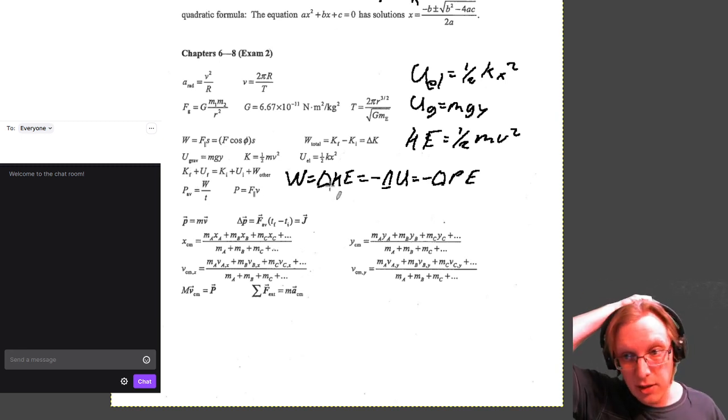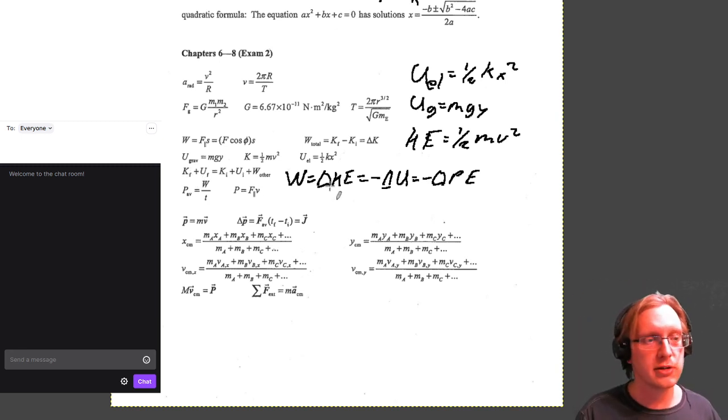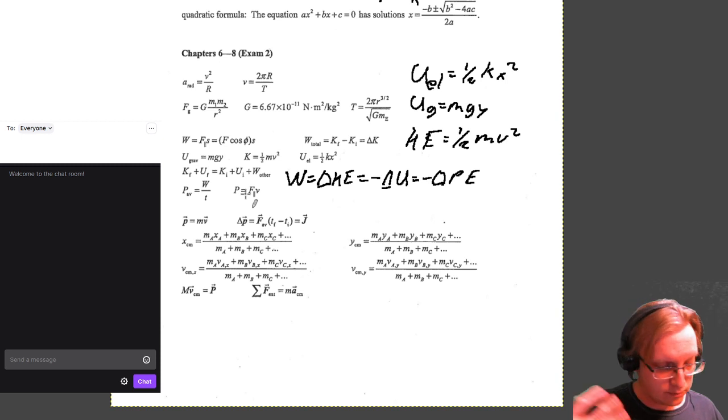Basically, there's a thing called the work energy theorem. I don't know why they have to say use the work energy theorem. It's like, no, it's just energy conservation. They like to partition things up by the book.